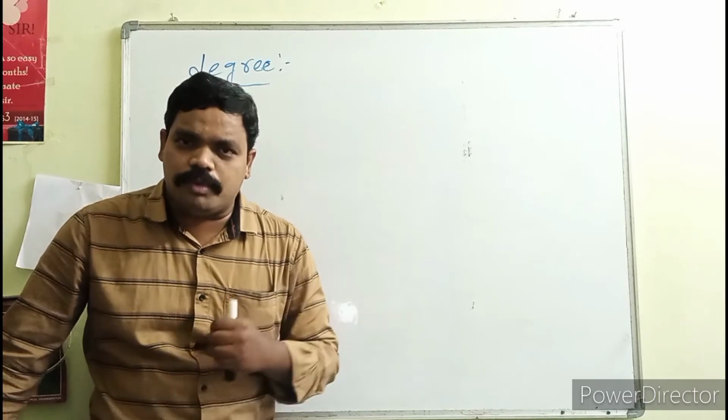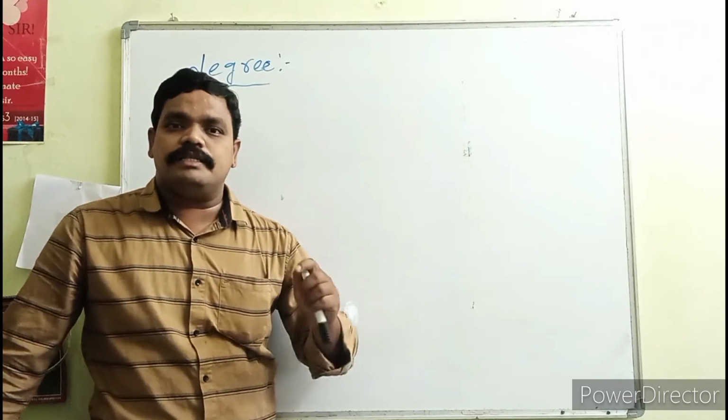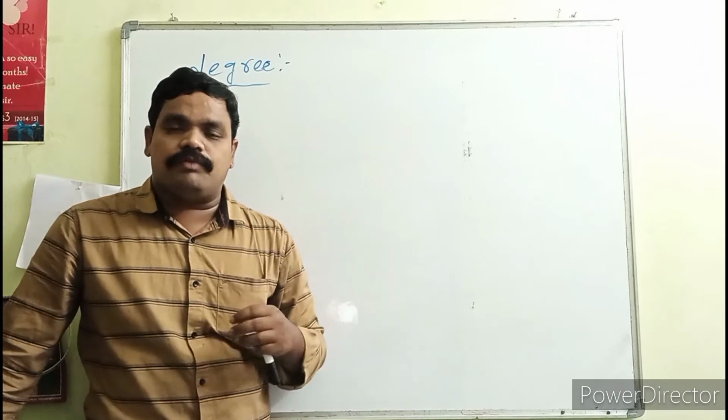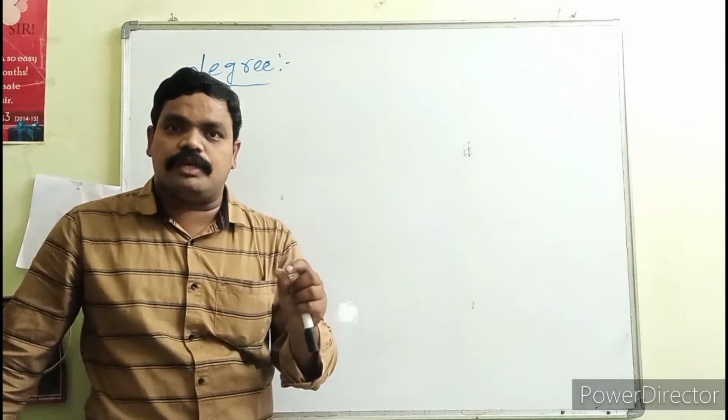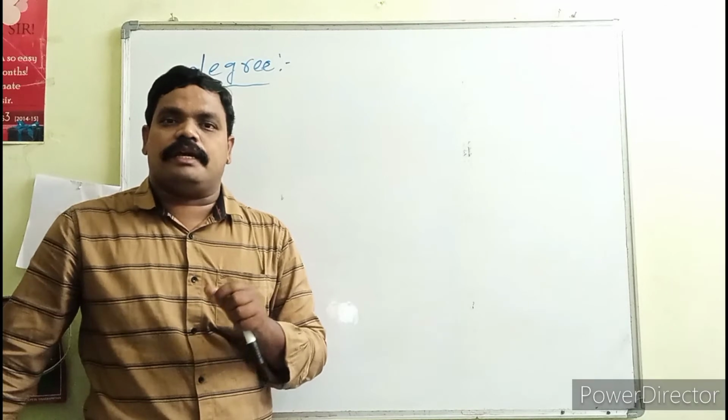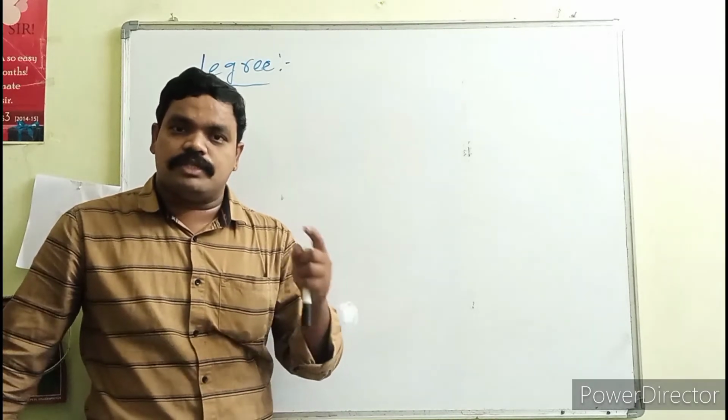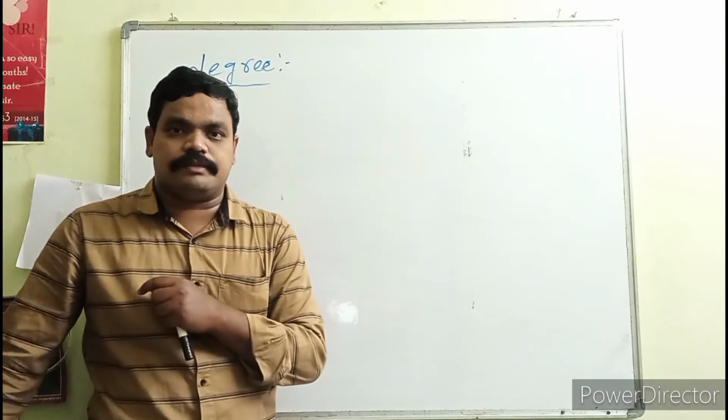What is the meaning of polynomial form? Polynomial form means in general all the powers of the differential coefficients are compulsorily whole numbers. Means either 0 powers of dy by dx, 0, 1, 2, 3, and so on like that.